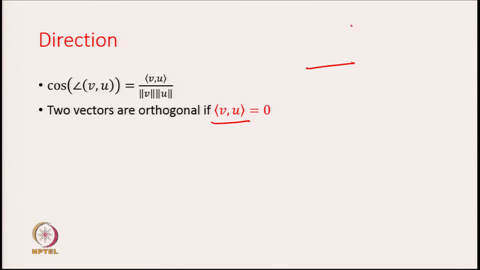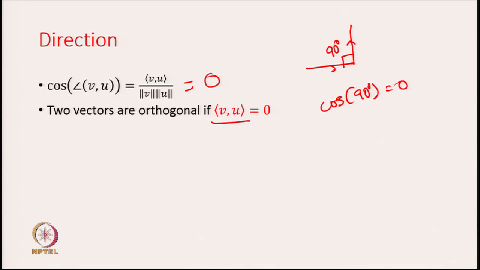Okay. So, let us talk about the condition when two vectors are orthogonal, or perpendicular. If two vectors are perpendicular, we know that the angle between them must be 90 degrees, and hence cos of 90 degrees is 0, and hence this must be 0. Now, this can be 0 in two conditions: either the inner product of vector v with u must be 0, or the lengths of the vectors must be infinite. But in this course we are not interested in vectors with infinite length, we confine our discussion to vectors which have finite length.